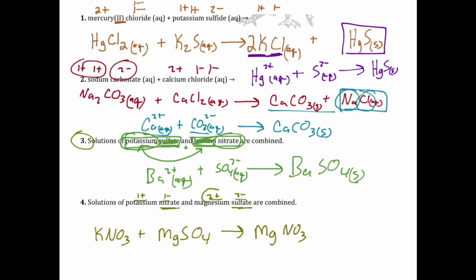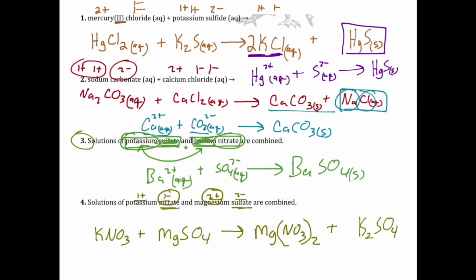Magnesium is a 2 positive, nitrate's a 1 negative, so this ends up being a 1-to-2 ratio. Plus, we end up with potassium sulfate. Again, this is a 1 positive, this is a 2 negative, so it is a 2-to-1 ratio.